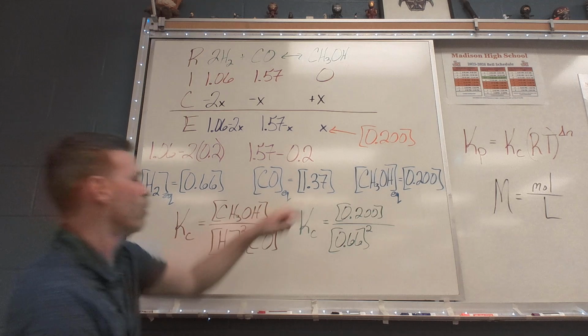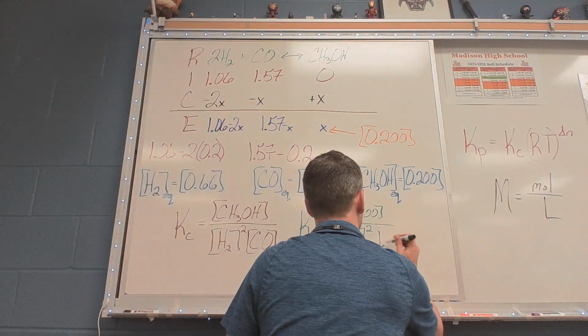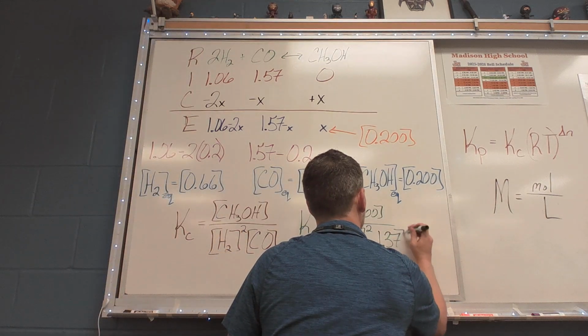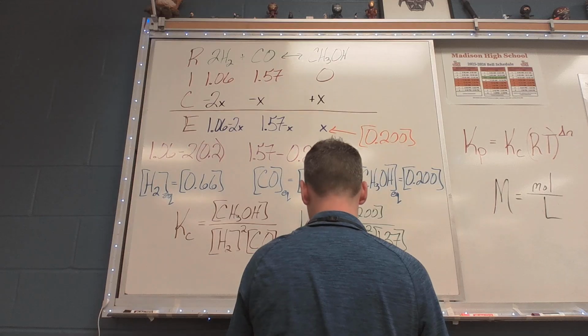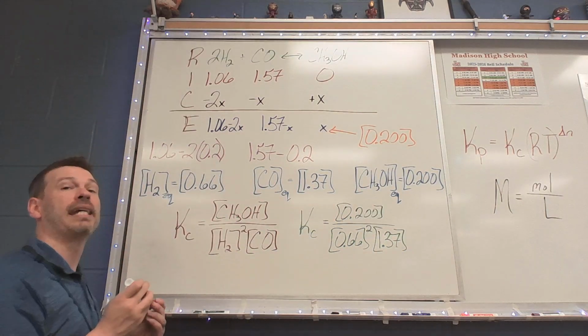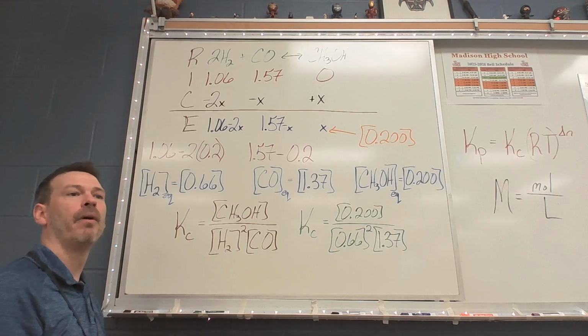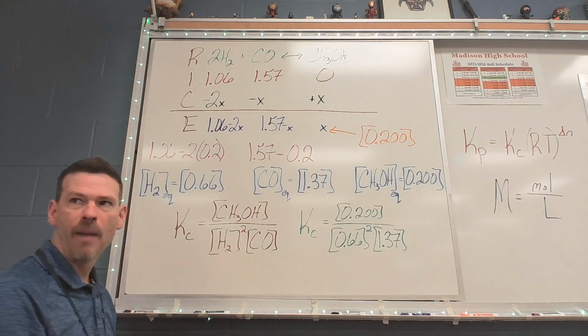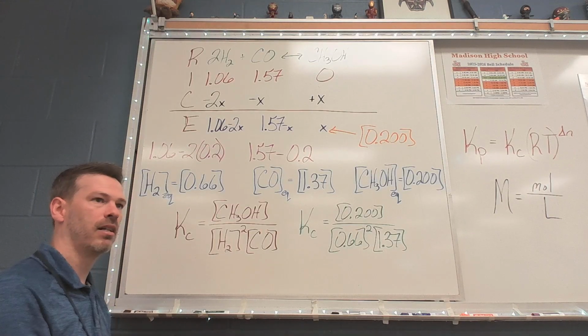And then the CO will be 1.37. We are close now. Get an answer. Get that calculator up. Watch out for order of operations on the bottom there.